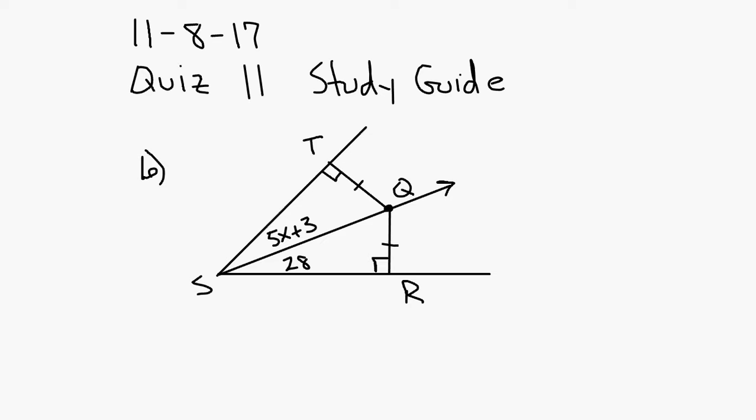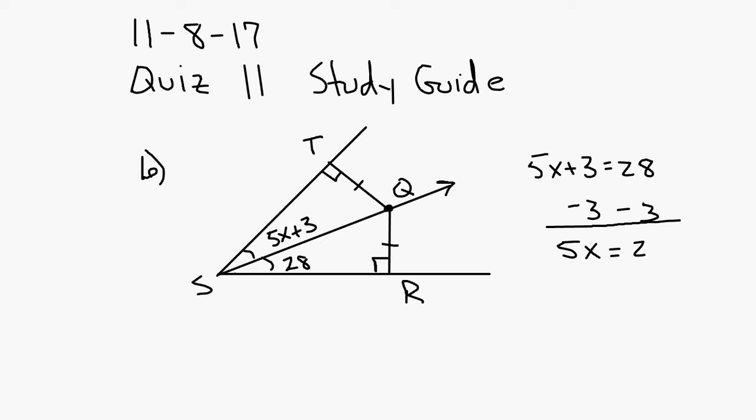If S to Q is the angle bisector, then these two angles are congruent, which means that 5x plus 3 equals 28. You can subtract 3 from each side. So 5x equals 25. You can divide by 5, and x would be equal to 5. They asked you to find the value of x, so there it is.